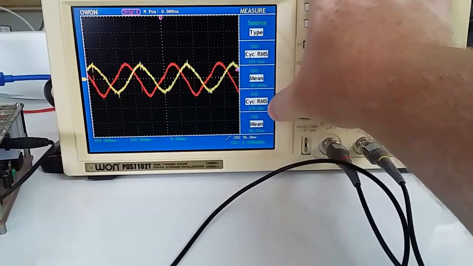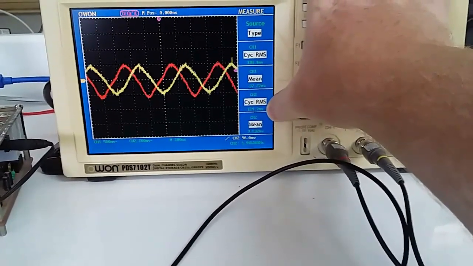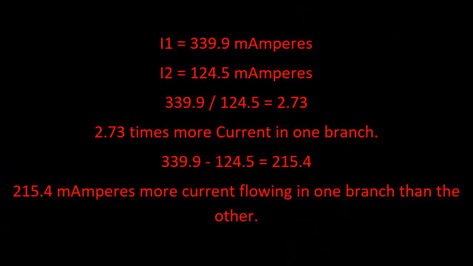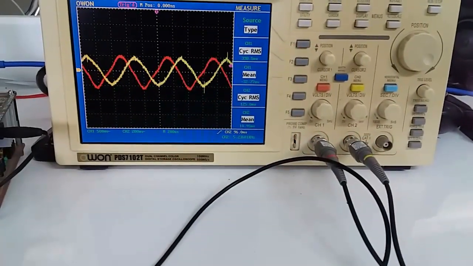RMS current down here 124. Now if we do a quick little bit of math on that, we're looking at a difference of 215, and it's 2.7 times more current.